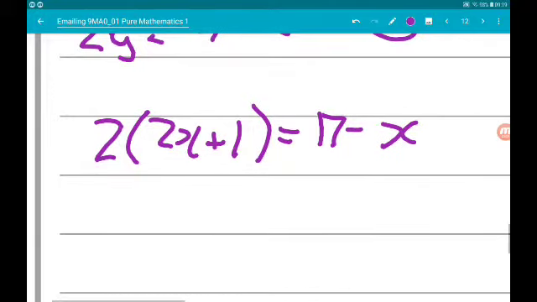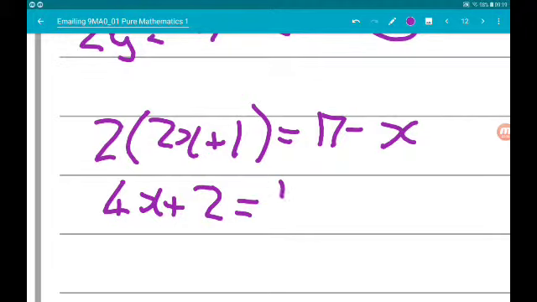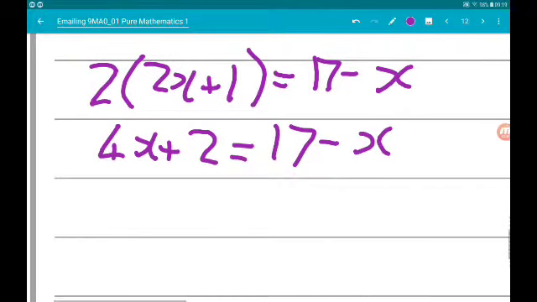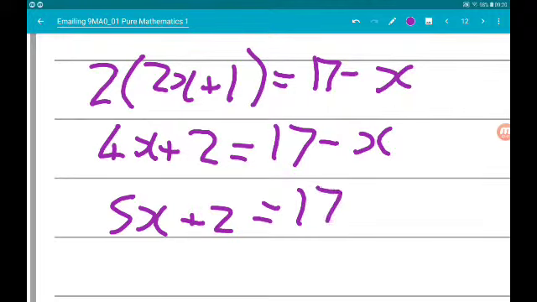So we get 4x add 2 is equal to 17 minus x. Add the x, so we get 5x add 2 is 17.